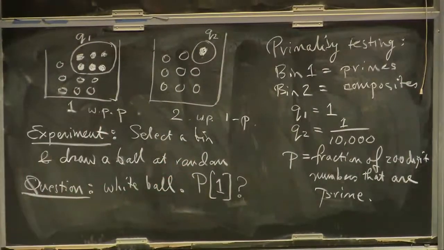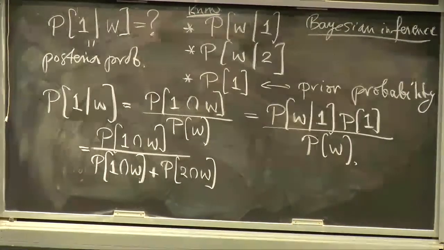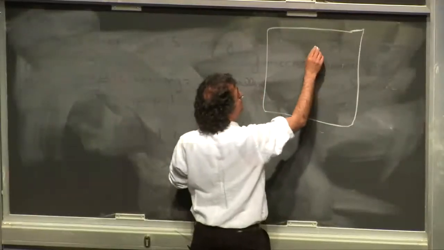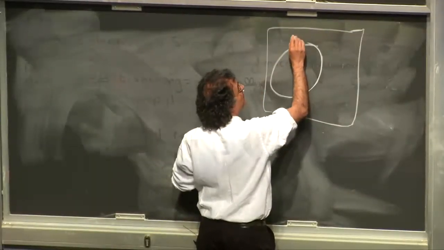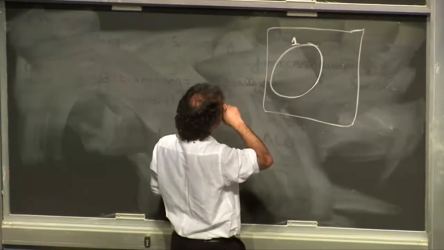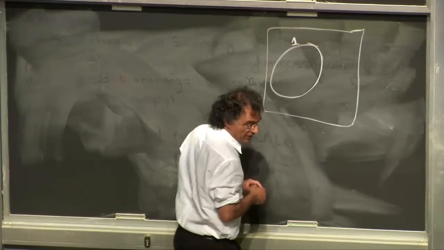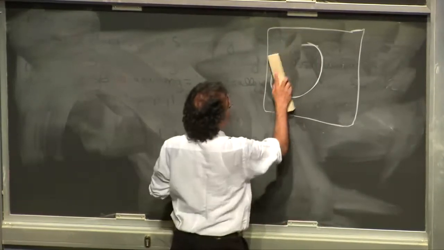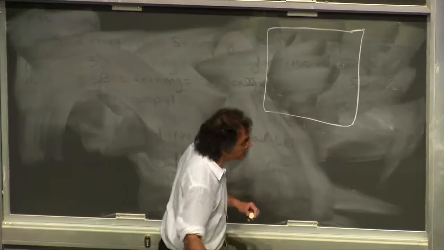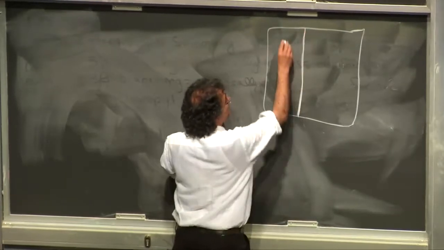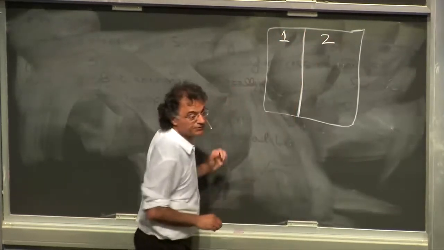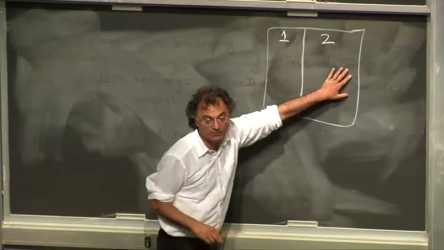So if you want to see, here's our probability space. Actually, maybe I'll draw it like this, because we either pick bin 1 or we pick bin 2. So here's the event 1, here's the event 2. So we either pick this one or that one.